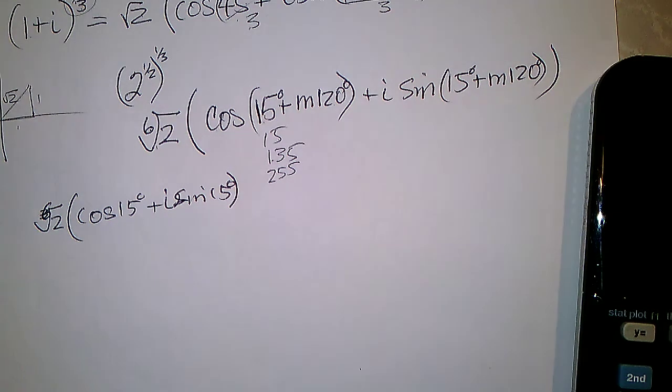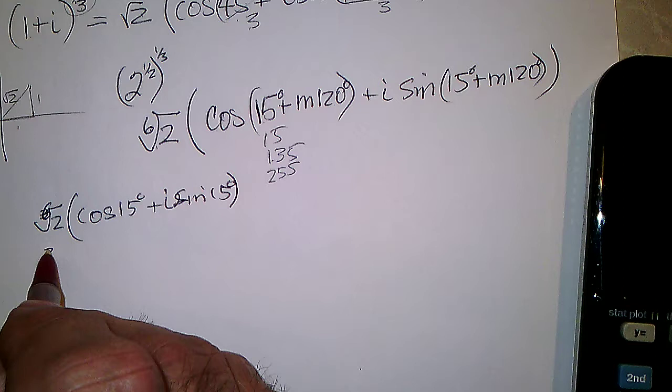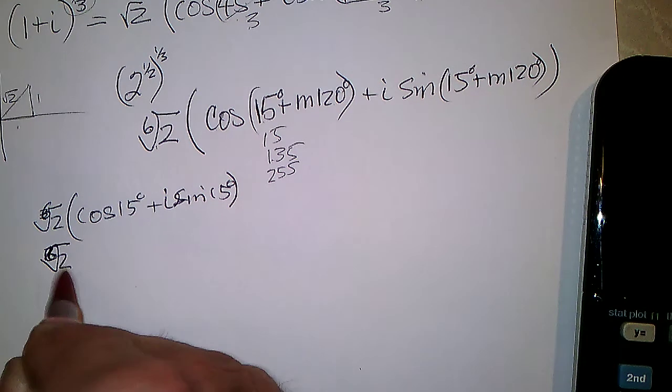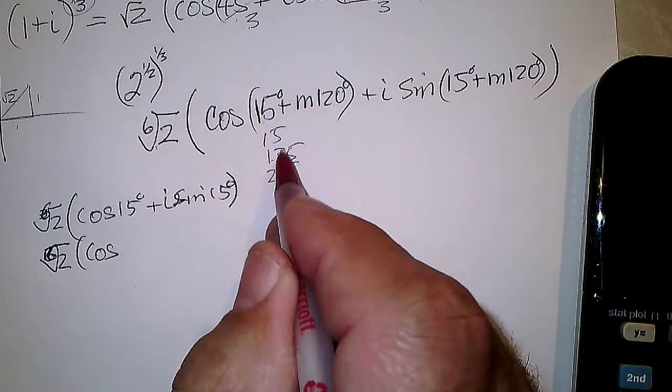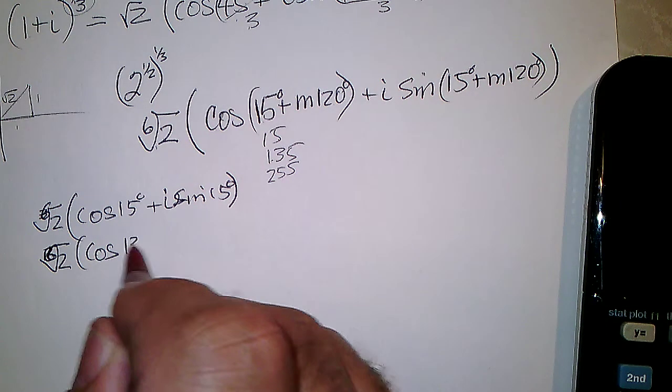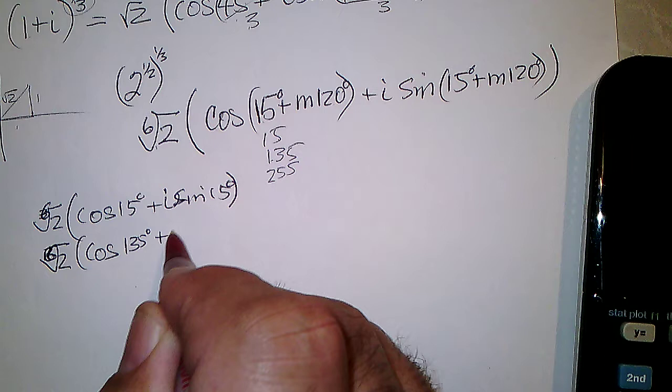And I can type that in. Or the 6th root of 2 cosine of 135. That is a special angle.